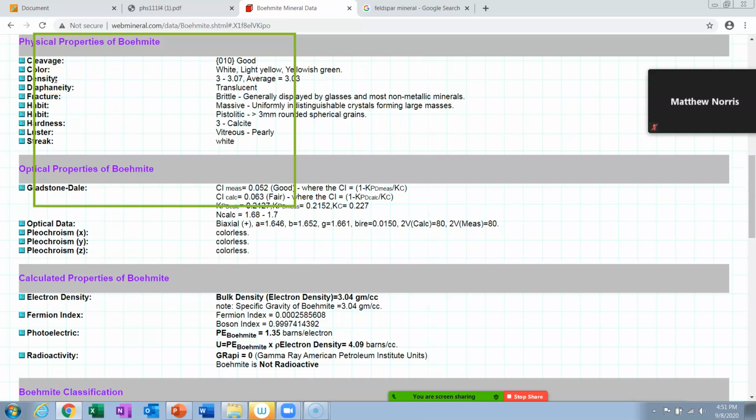There they are. Just about everything will have those. If you happen to pick a mineral that you don't have enough information on, pick a different one that's in that same family. Okay? But the way you're doing it here, by picking the name that's in their list and clicking on it, it should give you all the information you need.